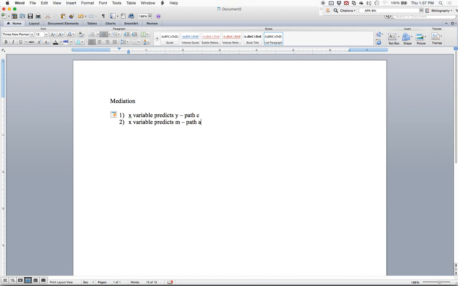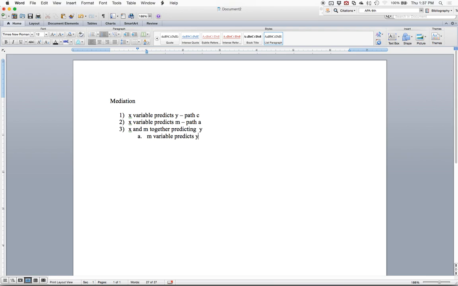And then I'm saying x has to predict m because I'm saying the path is going to be diverted through m. So this is like a diverging roadway. And then the next piece is two things together. So we're going to put x and m together predicting y. But specifically, we want to know that m variable predicts y.